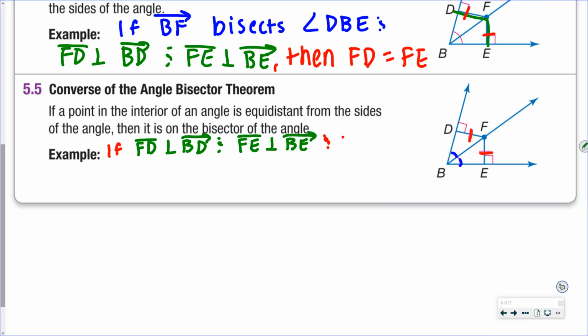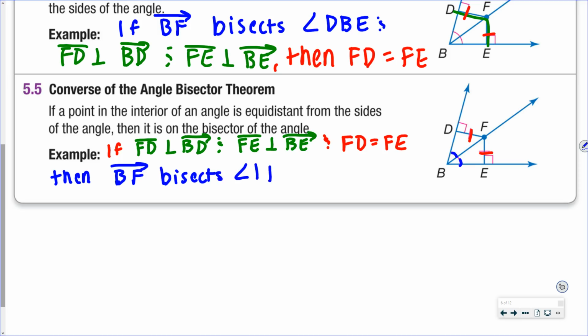And we know those are equidistant. Then we can conclude BF bisects the angle. Then we can conclude this, that those two angles are the same.